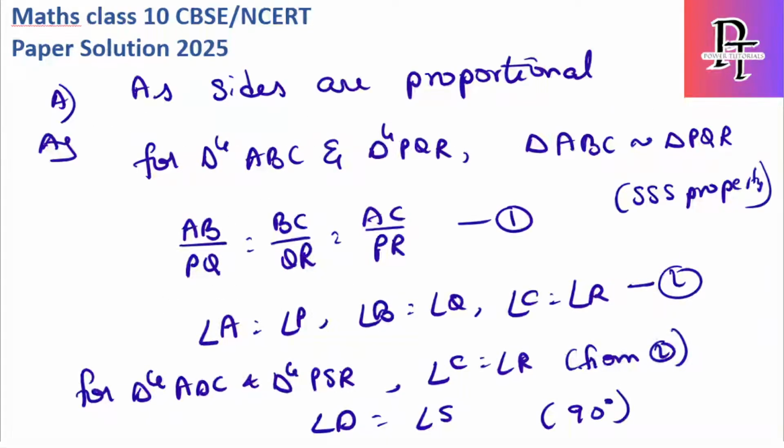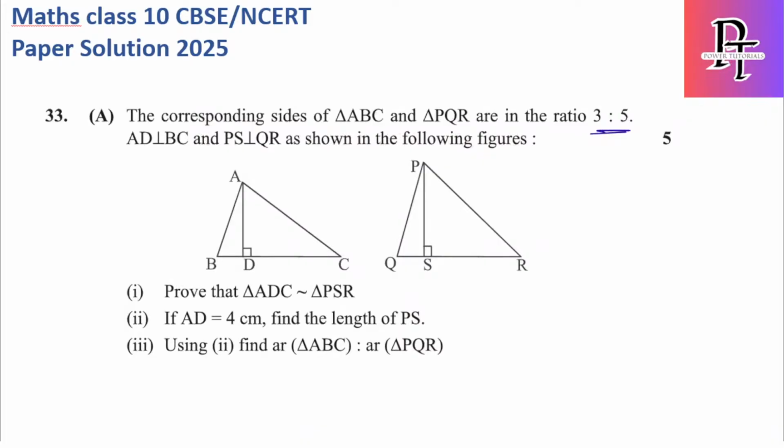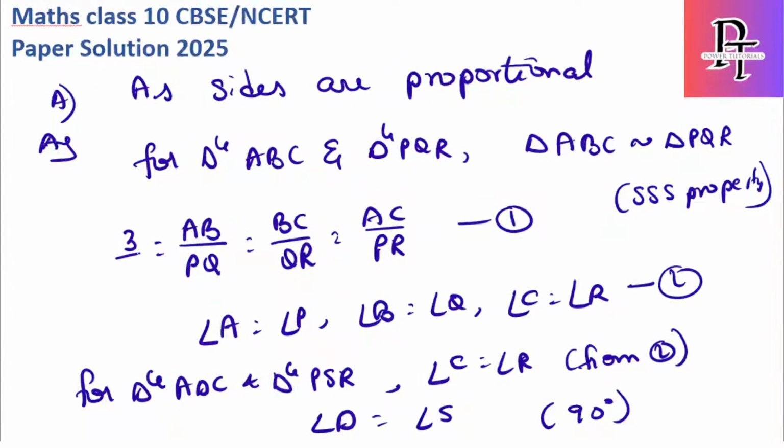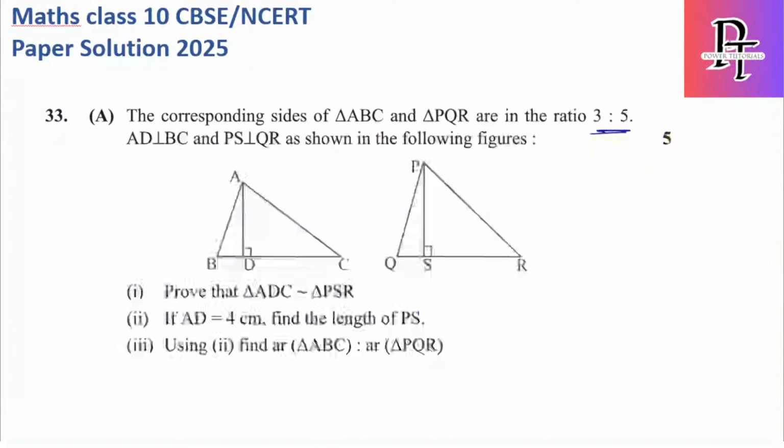Okay, so from 1 I have AC by PR. In the question they have provided this ratio is 3/5. So this is done. Let's move to this one. AD has provided 4, they're asking PS.